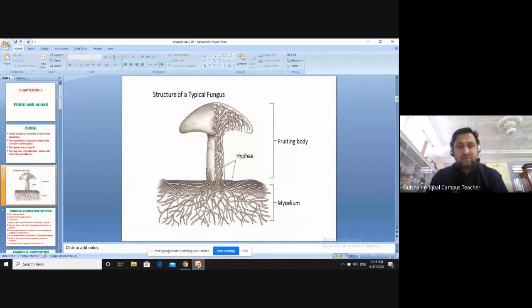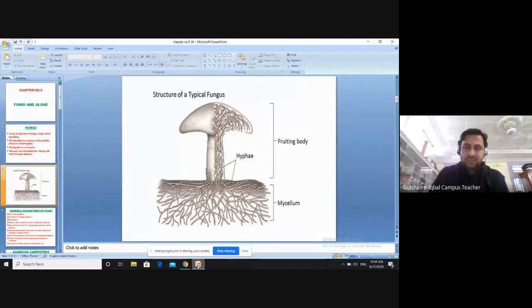These thread-like structures are called hyphae. So the hyphae are basically the basic units of the fungus from which the mycelium is being formed. It is a typical structure of a fungus. Fungi are of many types, but this is a typical one. In mushroom, you can see the body like this. This type of body will be present in mushroom.